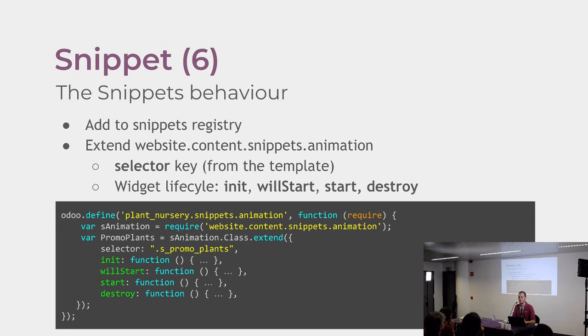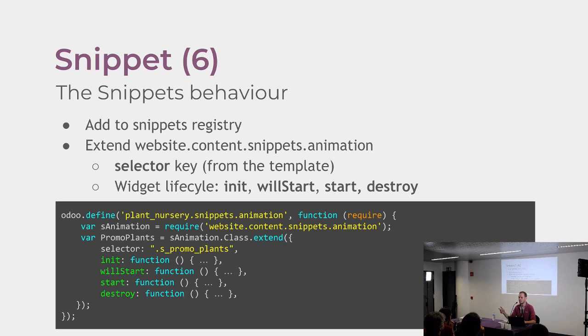All right, so this is what a JavaScript module looks like. It uses the JavaScript framework, and it's basically a small instance of an object which will have some basic functions. Here you have the life cycle.